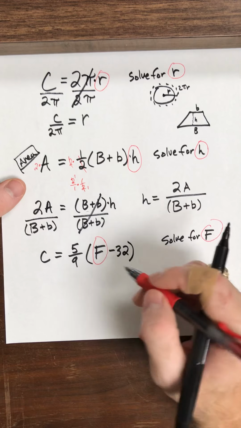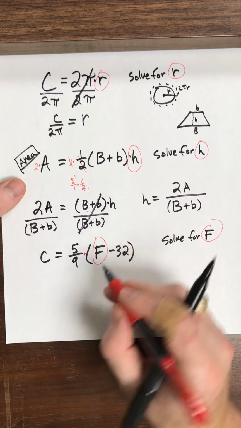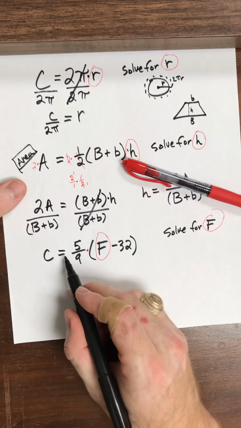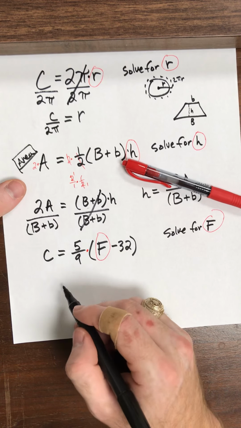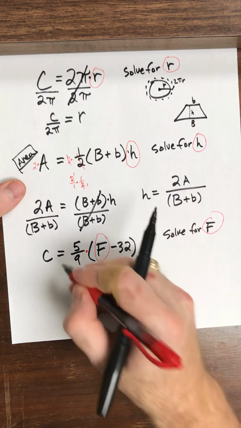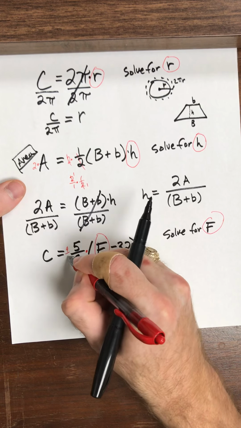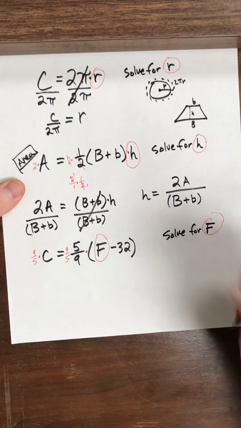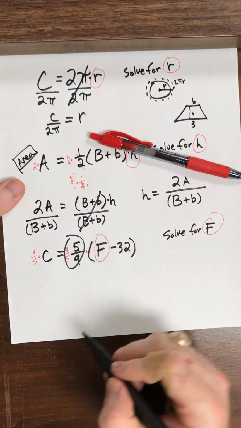So there's 2 ways we can do this, and I think I'll work it both ways just so that you can see what would happen if you forgot to not distribute, all right? So let's do it the quick way first, all right? The opposite of multiplication is division, okay? So when I divide fractions, all you're doing is multiplying by the reciprocal to cancel. So if I multiply by 9 over 5 here, I multiply by 9 over 5 here. And so these will cancel each other.